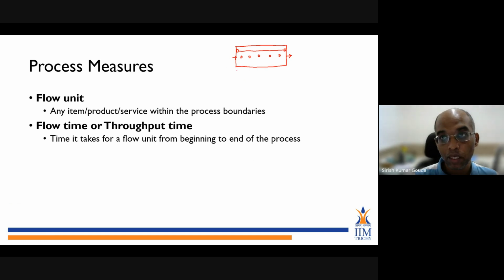Now, please understand in this particular flow time, there might be multiple activities, which we had looked at in the process analysis video, that are represented by different rectangles, and the flow unit might be spending time in different activities, but it might also spend time in the form of a triangle where it is waiting.